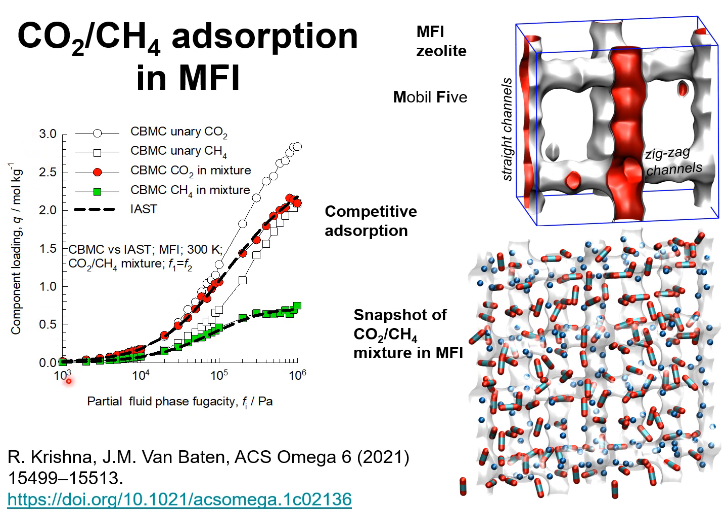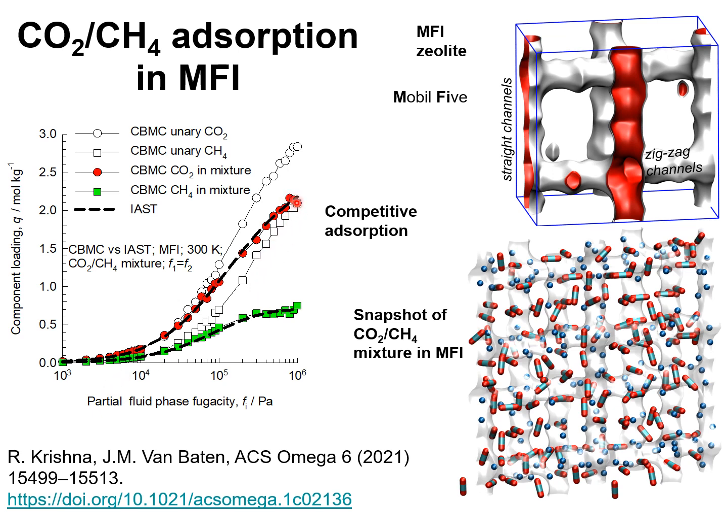This graph shows configurational-bias Monte Carlo simulations, CBMC, for unary isotherms of CO2, shown by the open circles, unary isotherm for methane, open squares, along with CBMC simulations for mixed adsorption, shown by the filled symbols.